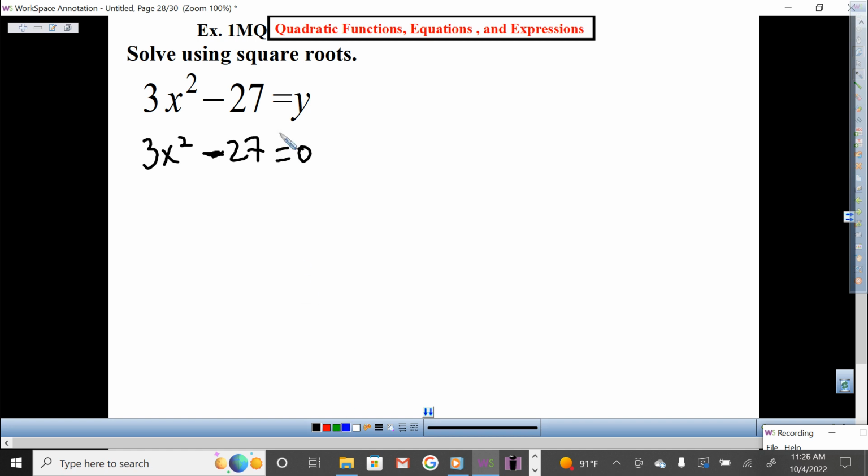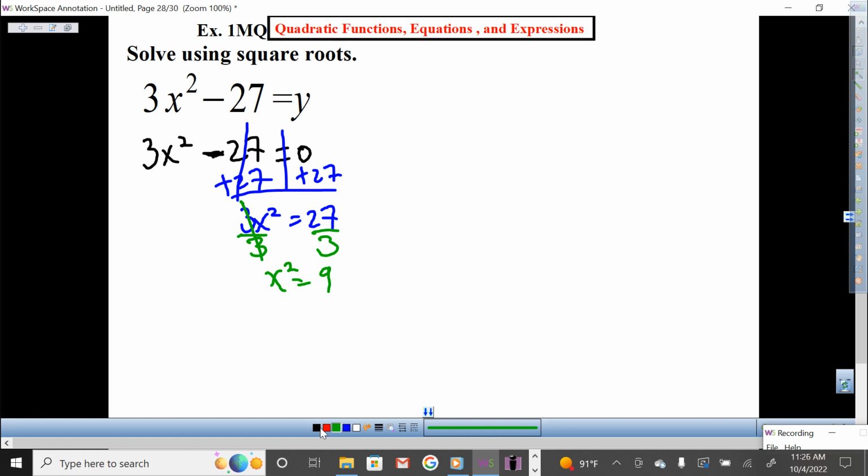Add 27 to each side. We got 3x squared equals 27. What do I do next? Divide by 3, divide by 3. X squared equals 9. And of course, at the end, guys, we do what? Square root, x equals plus minus 3.